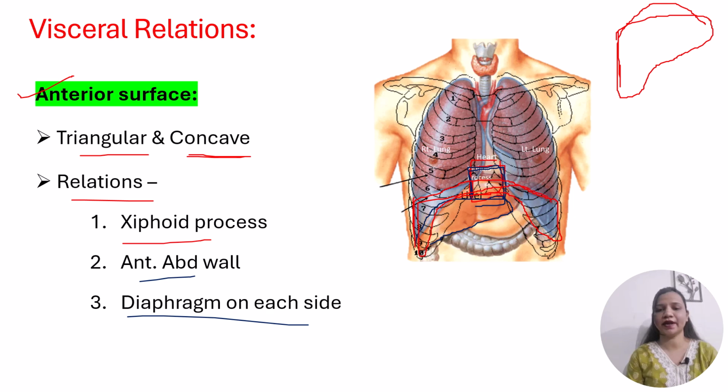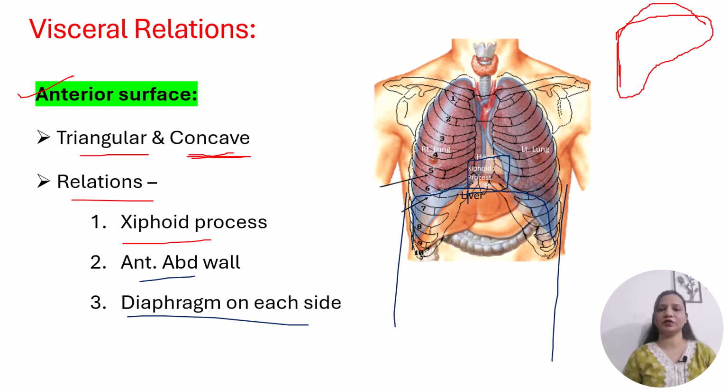So the anterior surface of the liver is a triangular and concave area, and it is related with the xiphoid process, the diaphragm, and also the anterior abdominal wall. These 3 points you have to keep in mind regarding the visceral relations of the anterior surface of the liver.